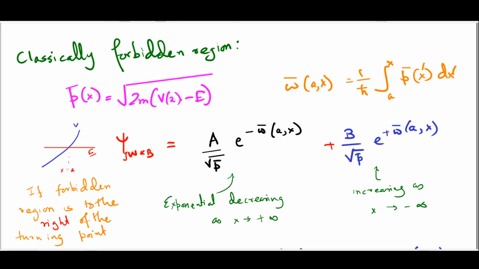Now, the increasing or decreasing nature of these exponentials becomes very important, both for physical reasons, because we want our wave functions to stay bounded and not blow up, but also because the way in which an exponential function in the classically forbidden region connects to a sinusoid in the classically allowed region actually depends on whether the exponential is a decreasing exponential or an increasing exponential.